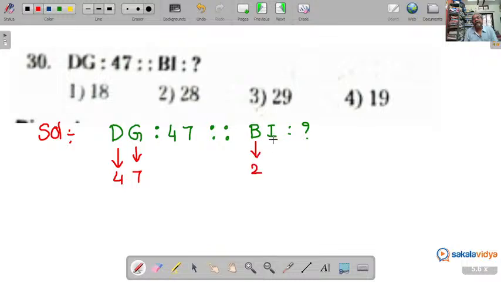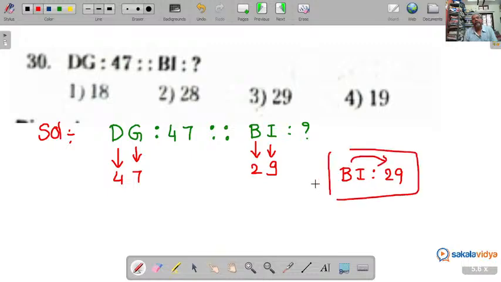I is, what is the code for I? That we need to find out. H is 8, I is 9, so 9. So that's why 29. BI is related to the 29. So answer is third one.